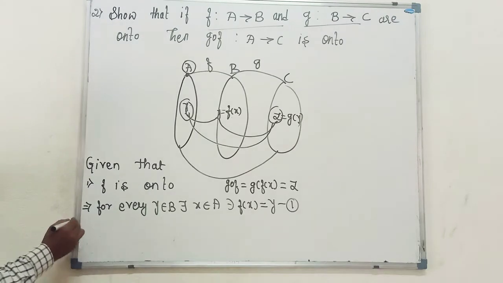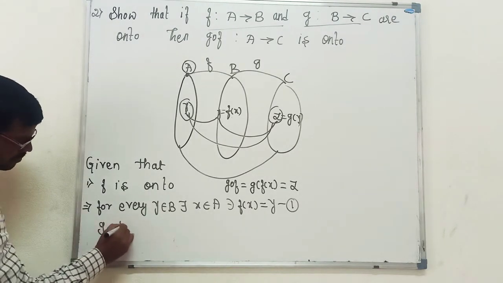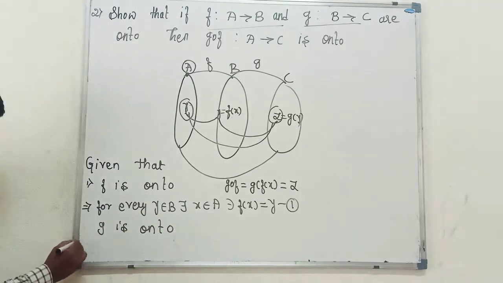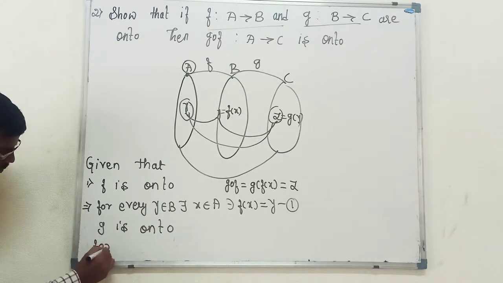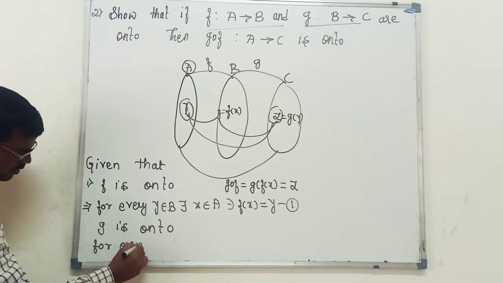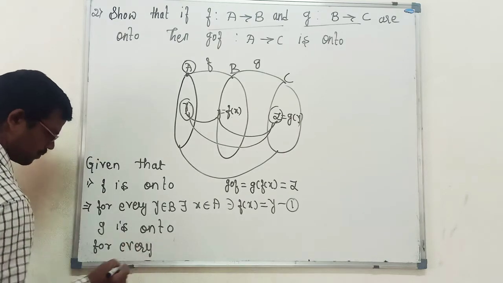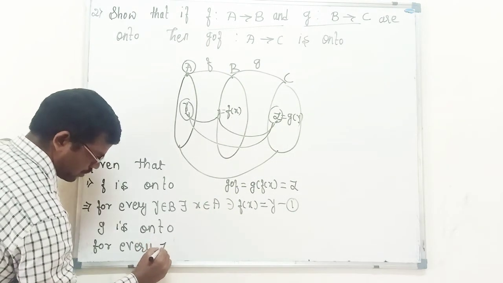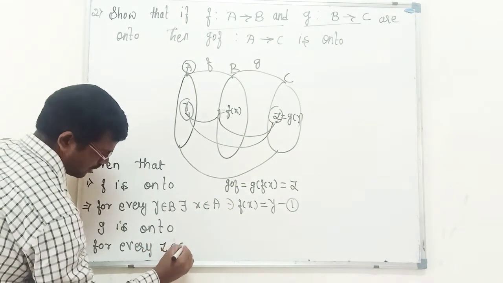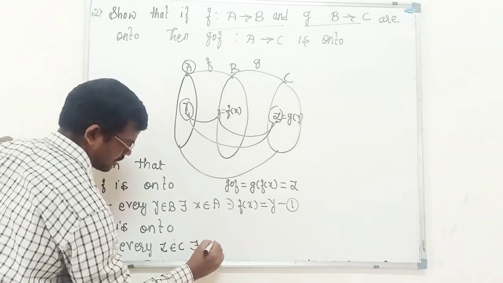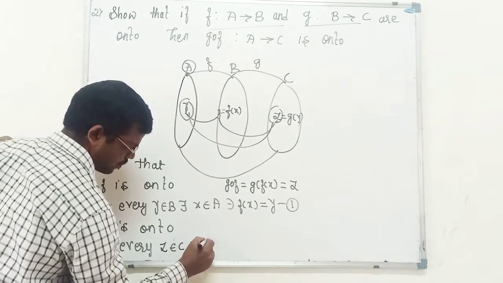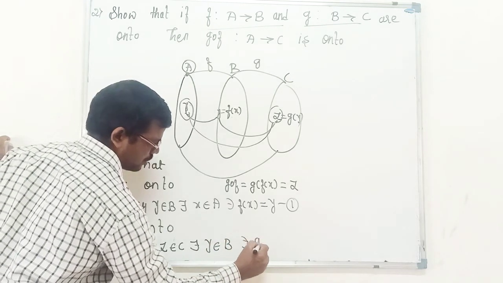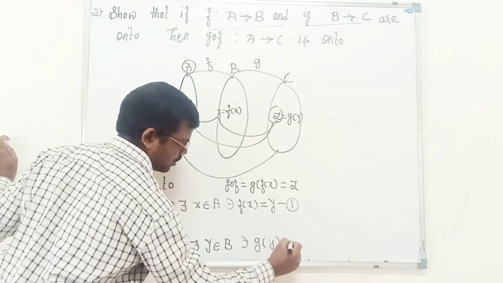Next, second, g is onto. g is onto means for every z belongs to C, there exists y belongs to B such that g of y is equal to z.